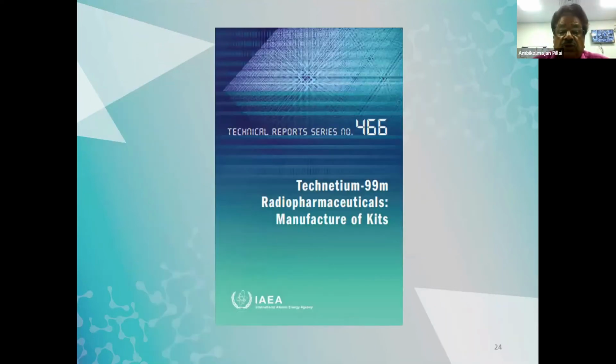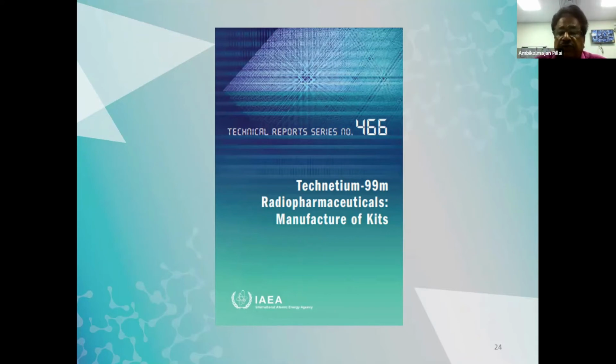Now, there is a very nice book called Technetium-99m Radiopharmaceuticals: Manufacture of Kits. This is published by the IAEA. I was responsible for making this book when I was with the International Atomic Energy Agency. This book gives all the details about all the technetium radiopharmaceuticals which are available in the market.